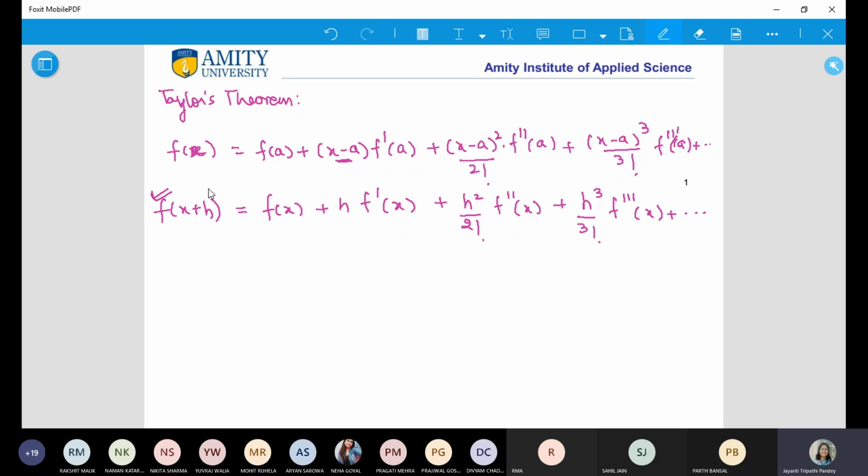Okay, ma'am, how do we get this special case? Here, if you write x as a plus h, or a plus x minus a, first you write this expansion, then I'll tell you what has been done.